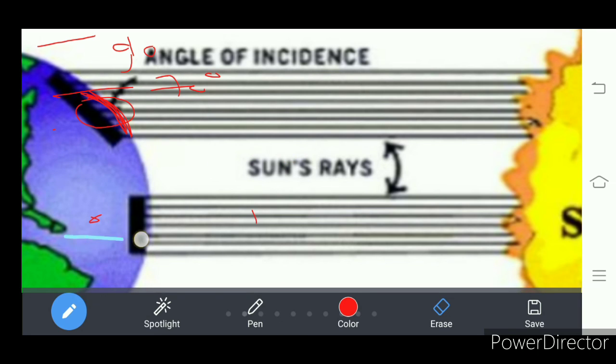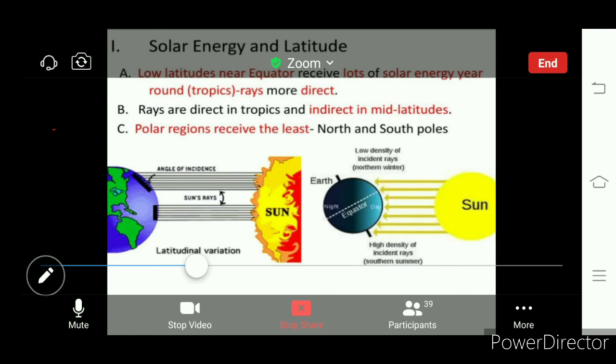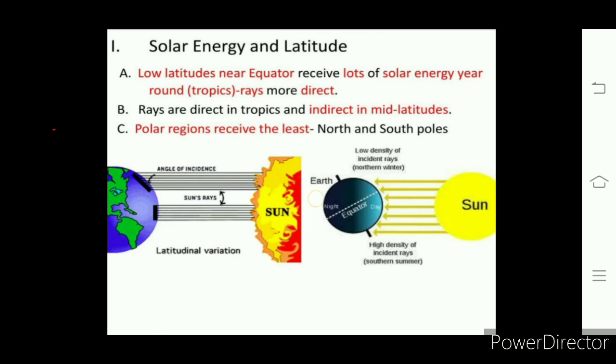So what is happening here? As the latitudes are changing, insolation received also changes. At lower latitudes, what do we see? High insolation received there. And at higher latitudes, that is at North Pole and South Pole, the insolation received is very less, so those are very cold, right?